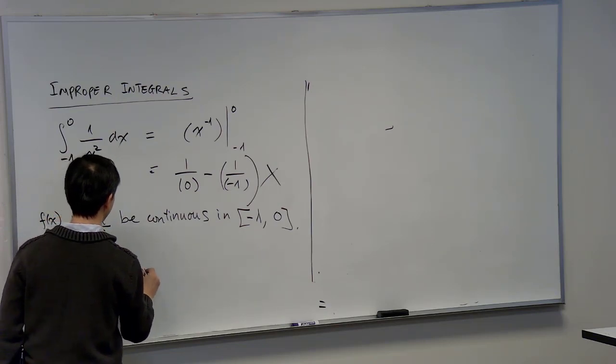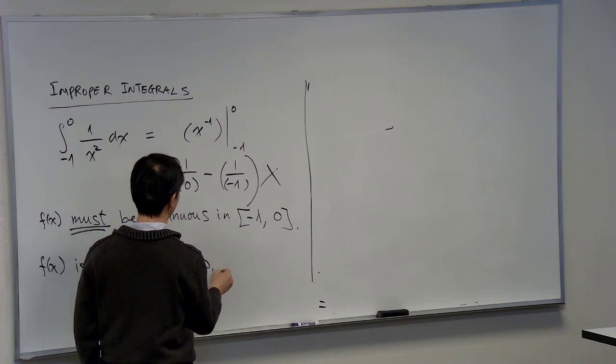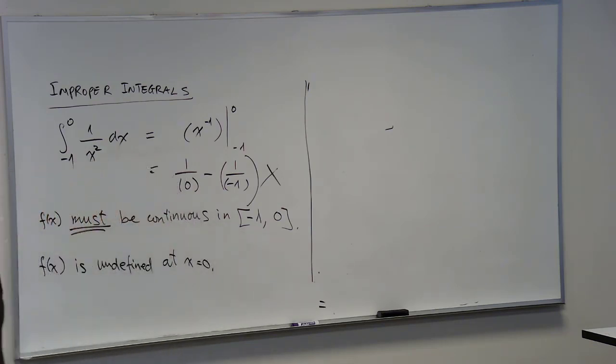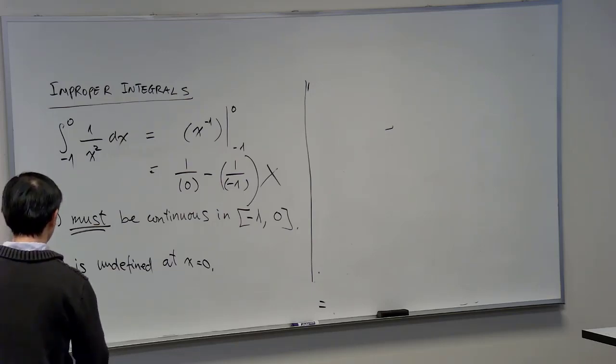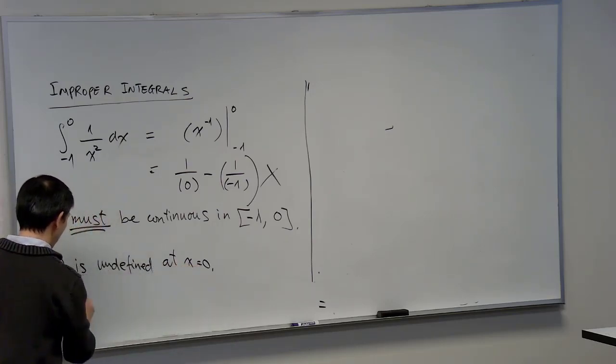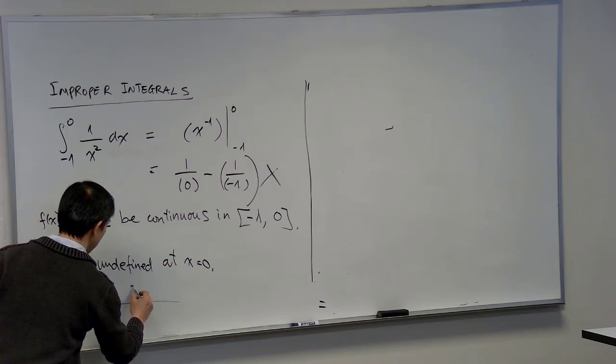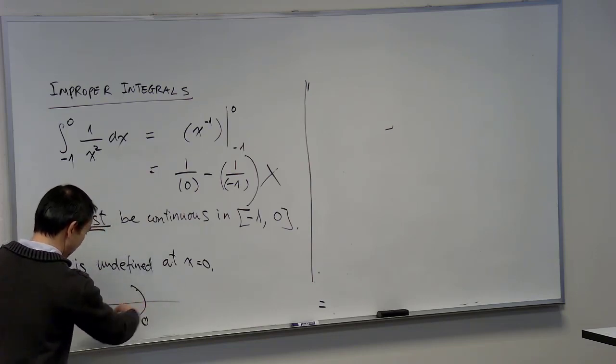That's what we noticed. f is undefined at x equals 0, the right end of that interval. But we observe further: anywhere before that, the interval from -1 to 0, it's continuous.